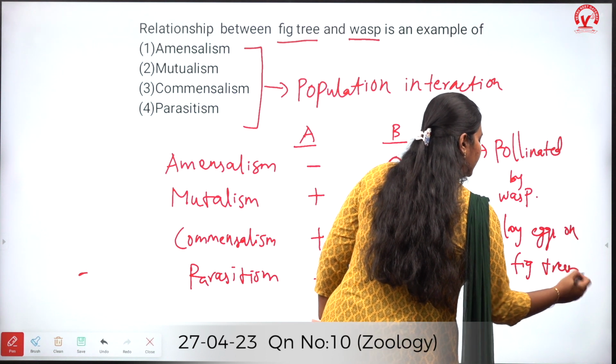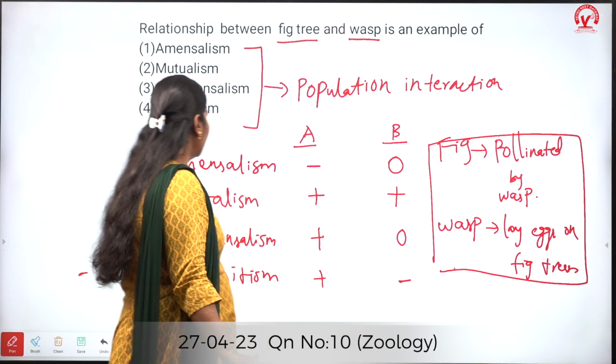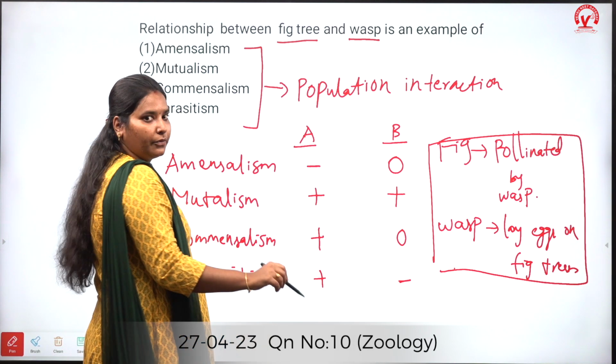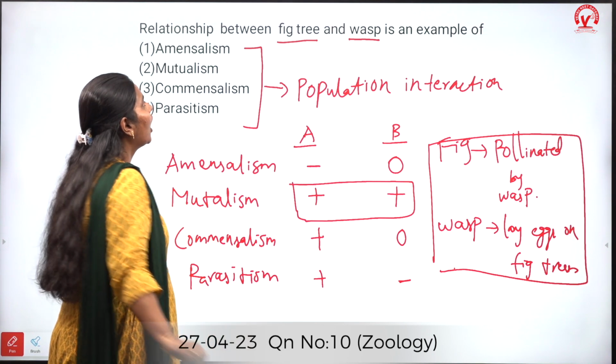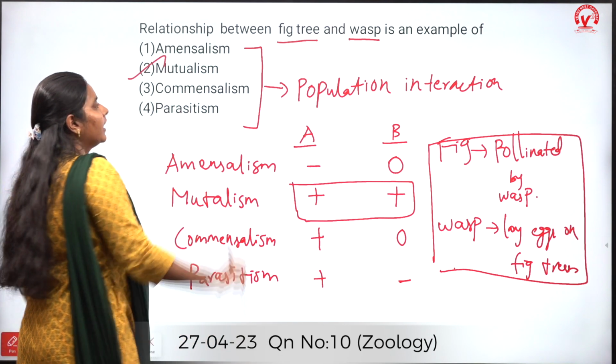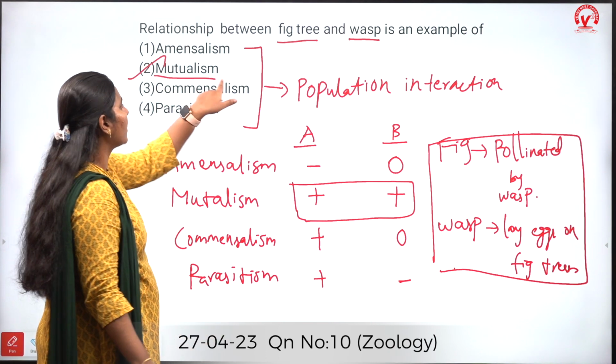So by this we can conclude that they mutually get benefited. So option 2 is the correct answer. The fig tree and wasp is an example of mutualism.